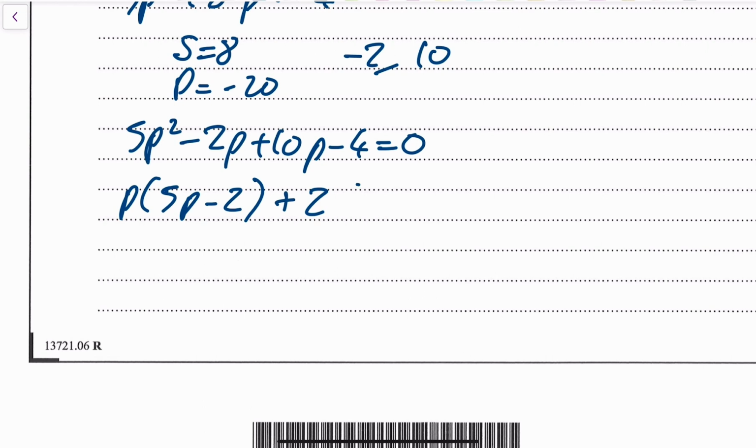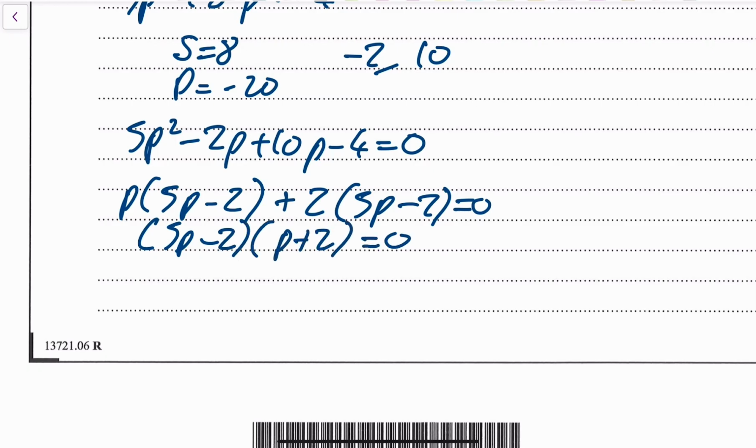Factorize the next two terms, 2 comes out, leaving you 5p minus 2 equals 0. So (5p minus 2)(p plus 2) equals 0. This one means p equals minus 2, not possible. This one means p is equal to 2/5. So your answer, p is equal to 2/5, or, as a few people have said to me, 0.4.